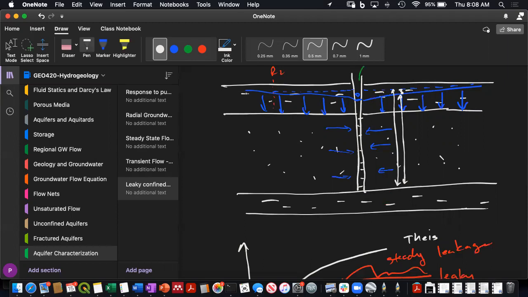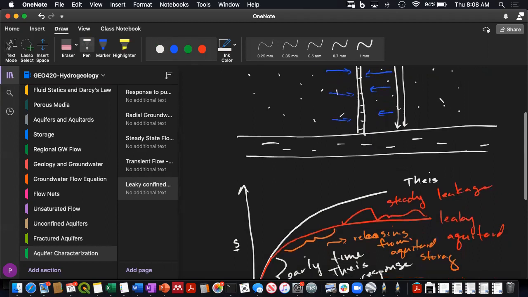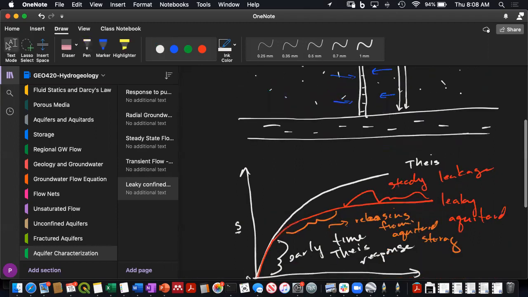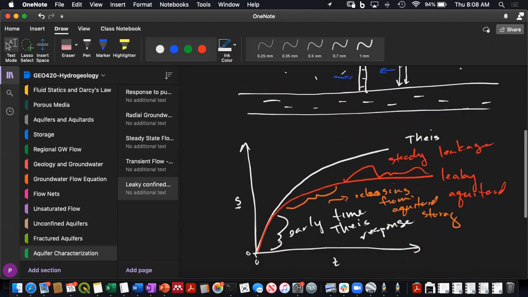We ended the class on Tuesday talking about what happens if, instead of a perfectly confined aquifer, I have this aquitard that's leaky and adds water to my aquifer. Here we would expect that because we're adding water from an additional source, we wouldn't see as much drawdown or change in head.